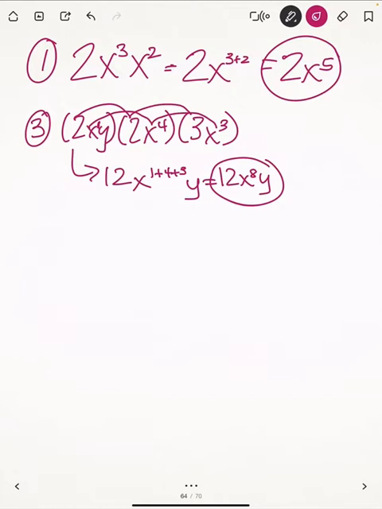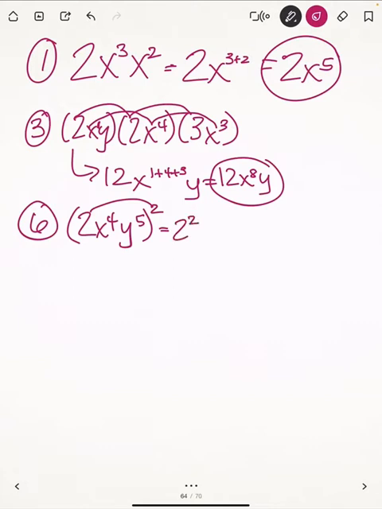All right. Next what we're going to do is number 6. Now this one, we had 2x to the fourth, y to the fifth, and then we have a 2 outside. So what we're going to wind up doing is breaking this up into three different parts, but we're going to keep it together. We're going to say 2 to the second, because we're going to distribute the exponent inside the parentheses.